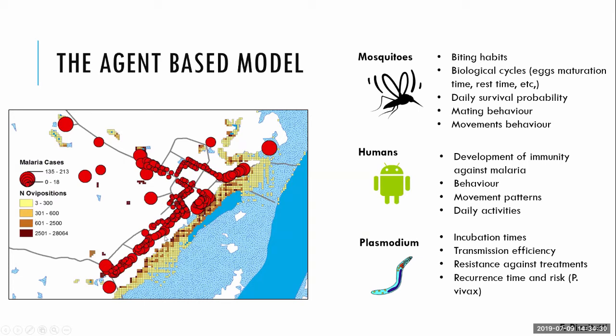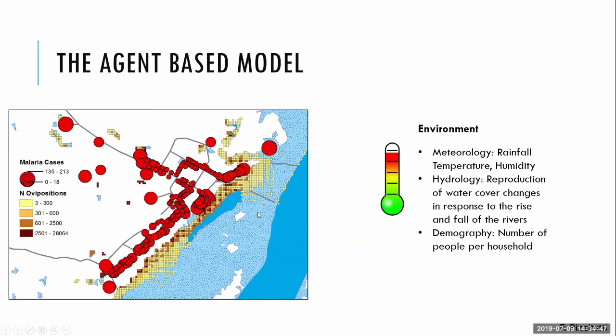And we are then predicting the number of ovipositions based on the agent behavior of the mosquitoes. We then have malaria cases being predicted, and these are happening in households. And so each of these dots is on a household, and that's based on humans interacting with the infected mosquitoes. And as the environment evolves, that will change the frequency.